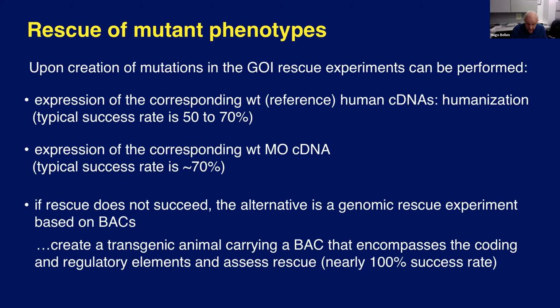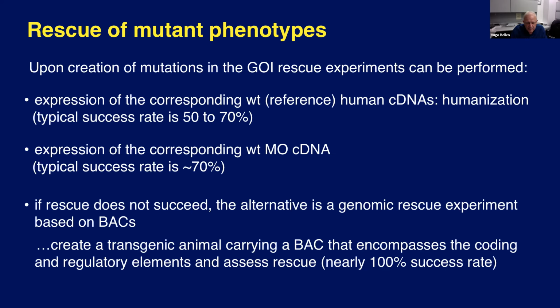Again, many genes encode many different isoforms, and so you don't always get rescue when you do that. If the rescue does not succeed in either the model organism or with the human cDNA, we typically step up to another alternative, and the alternative here is to use genomic rescue experiments based on BACs.